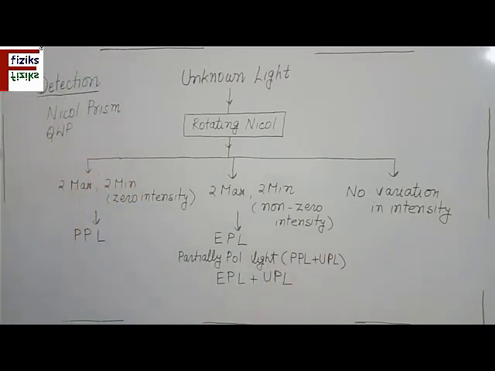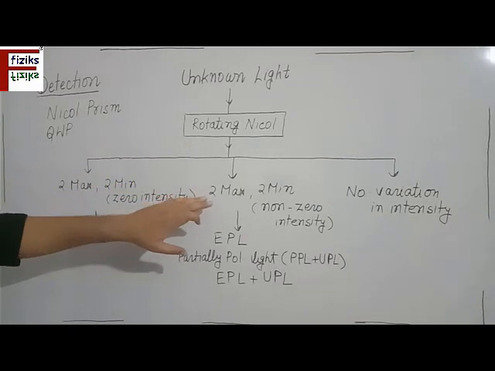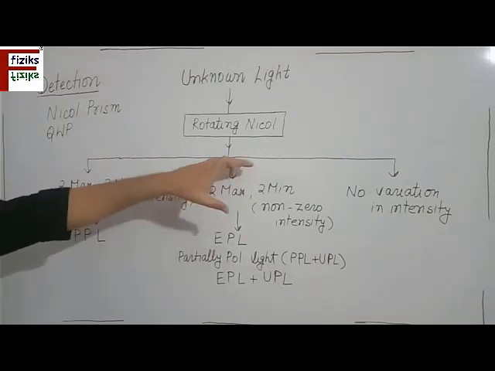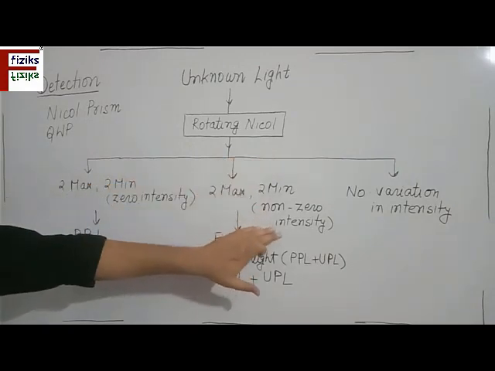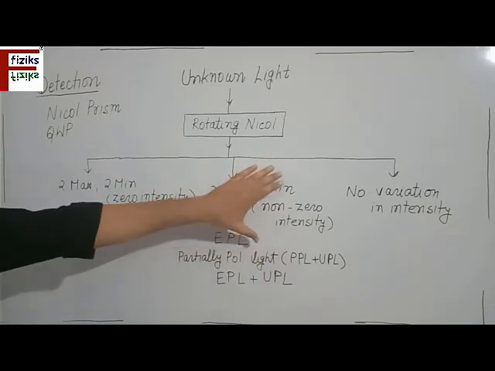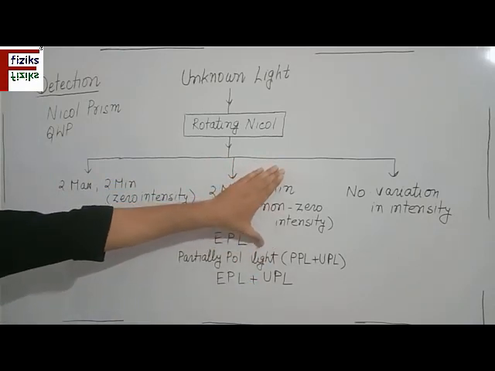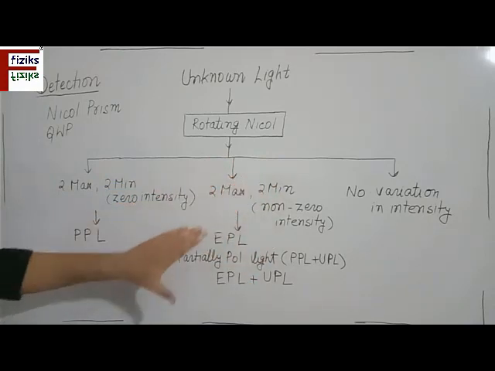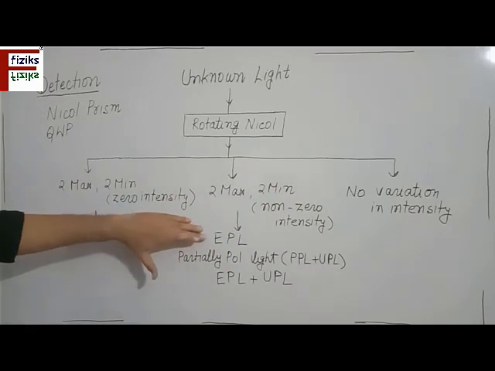So when we are getting on the other side of rotating Nicol two maximas of intensity with two minima having non-zero intensity, so we are getting minima but their intensity is not zero, then in this case we can have three possibilities.